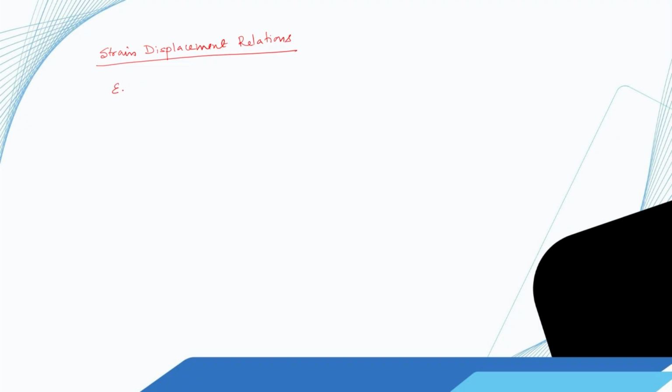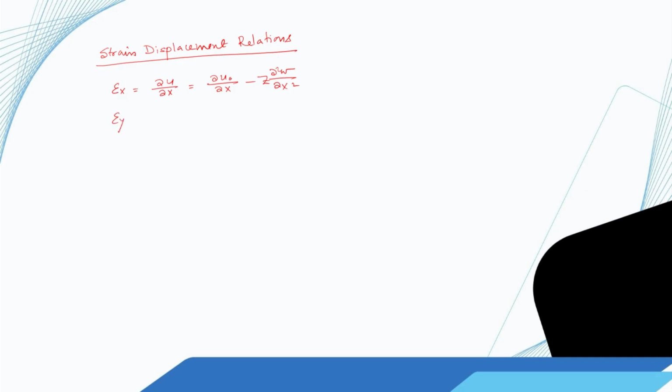We know that epsilon x is del u by del x. If we put the definition of u as per the kinematic considerations we had, this gives us epsilon x is equal to del u 0 by del x minus z into del 2 w by del x 2.